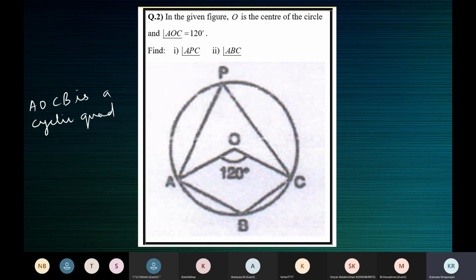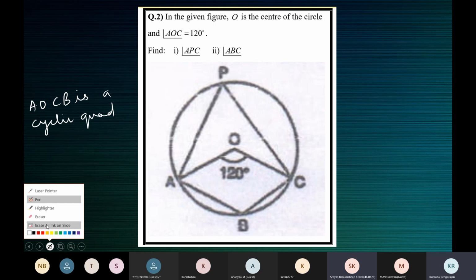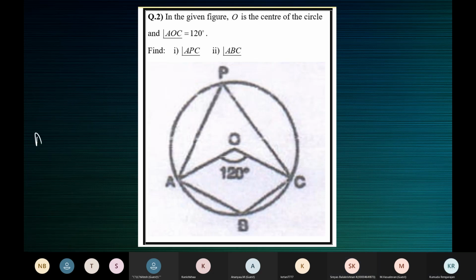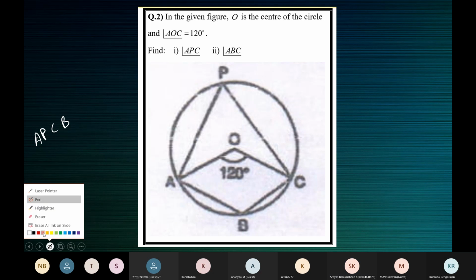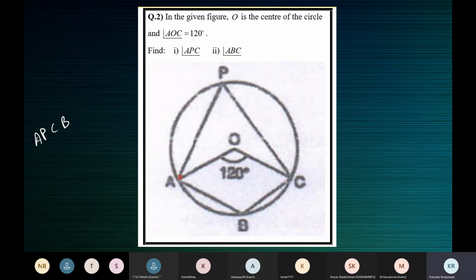Identify a cyclic quadrilateral from this figure. APCB. A, P, C, B, all on the circle.